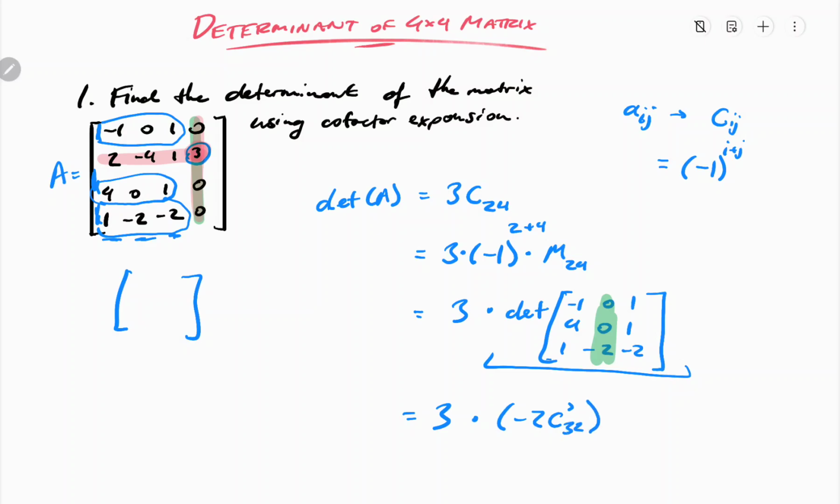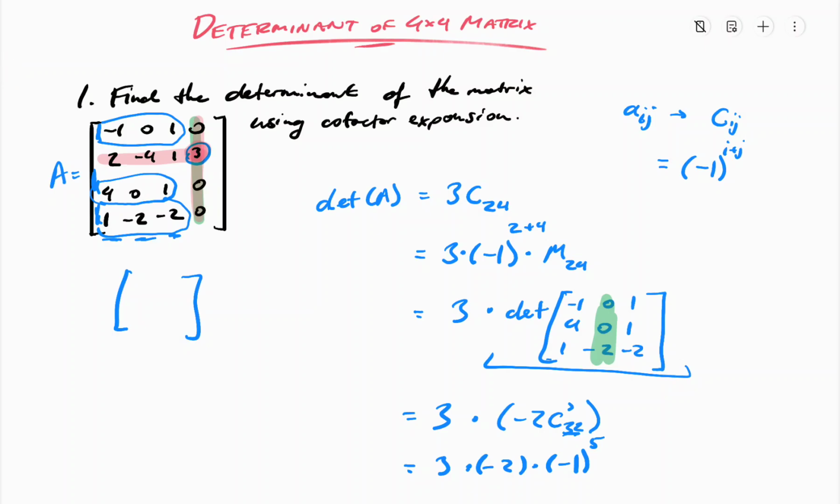So this will equal, we're going to carry that over again, we have -2, and then we have -1 raised to the sum of the indices here. So 3 plus 2 is 5, which is an odd number. So the -1 will be odd, and that will cancel with the -2 over here in a moment.